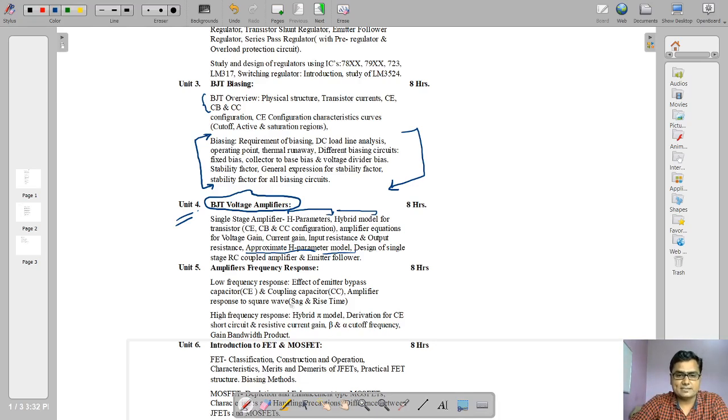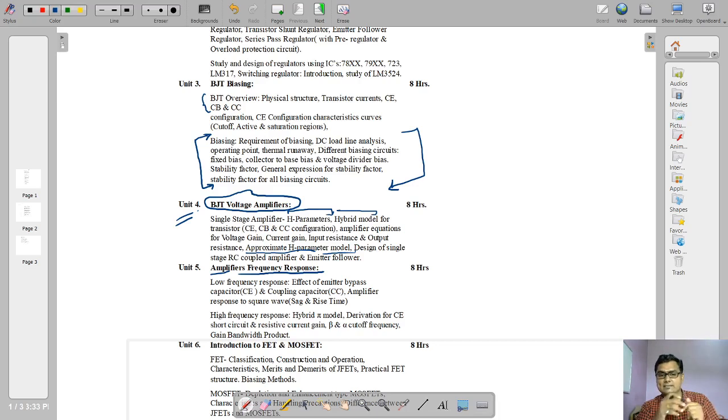The next chapter is related to frequency response. In the previous chapter we started analyzing and designing voltage amplifiers. Now in this chapter, the amplifier designed by us, how does it respond to different frequencies? For example, if the frequency is lower, how does this amplifier behave? If I increase the frequency, what will be the behavior? And if I increase the frequency further, does the behavior of the amplifier change again?